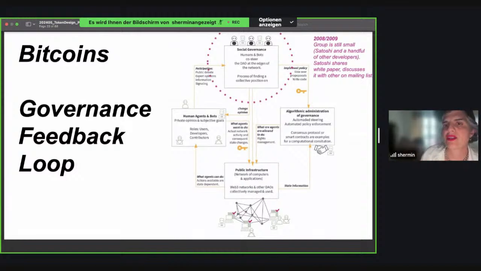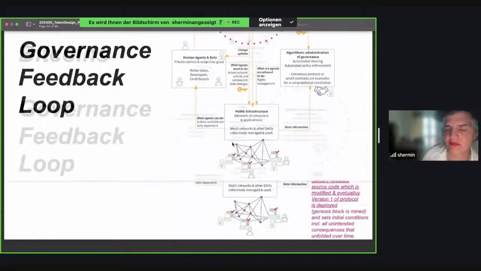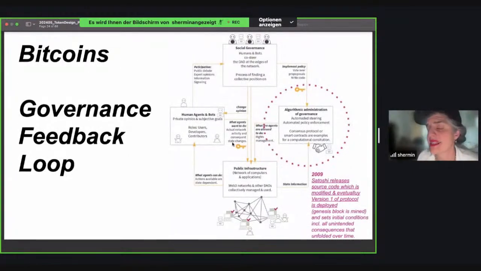So on this financial cryptography list, the group was still small, and this group of people discussed how the ideas of the white paper could be implemented into code. A few months later, maybe Satoshi already had sample code, maybe not, we don't know. It took a few months longer, and at the beginning of 2009, Satoshi released the source code on the same mailing list.